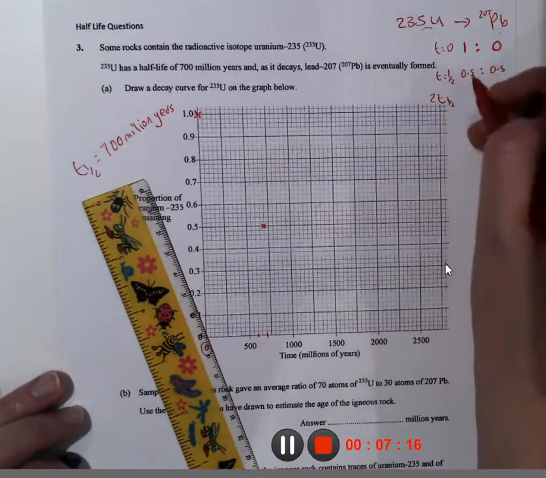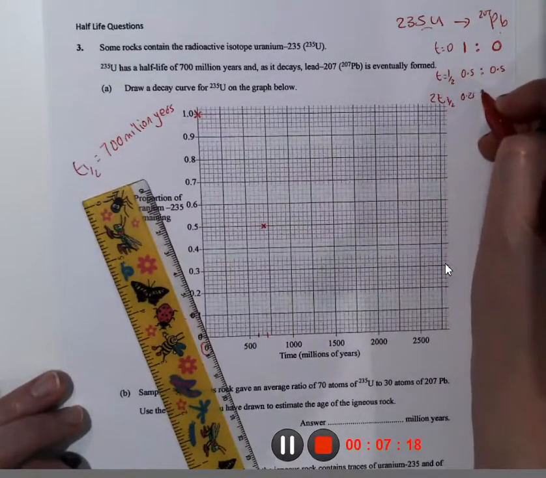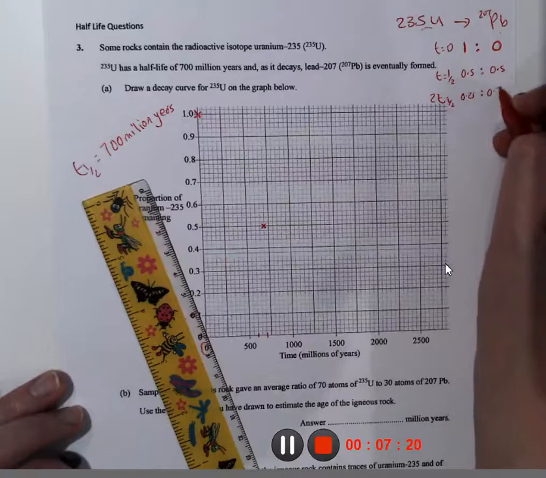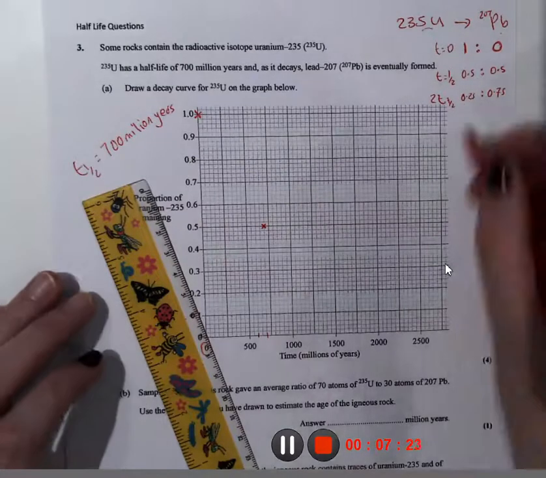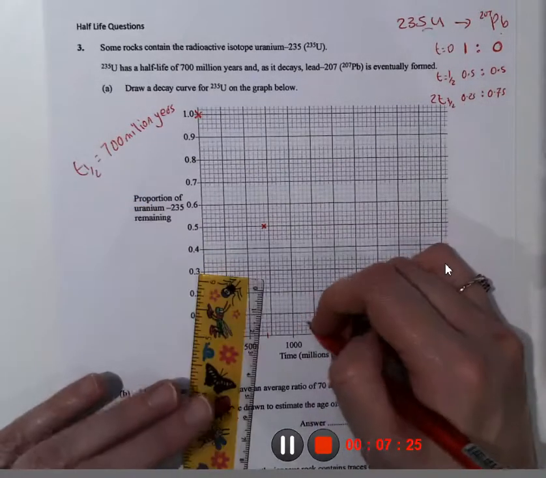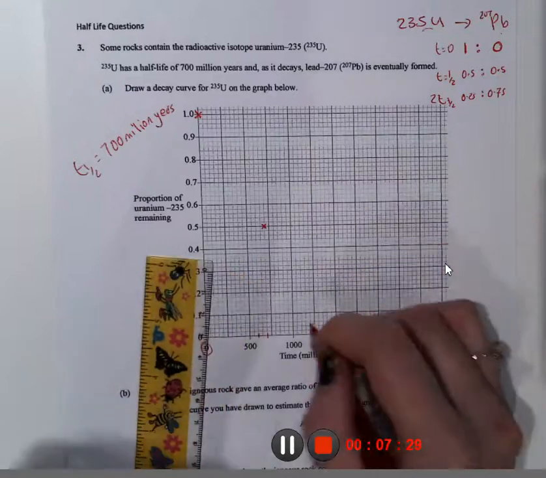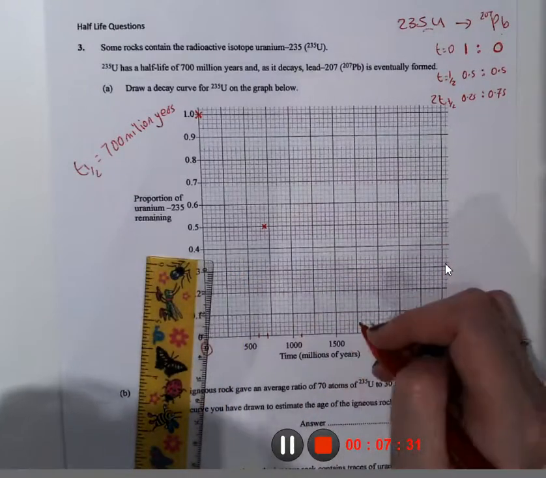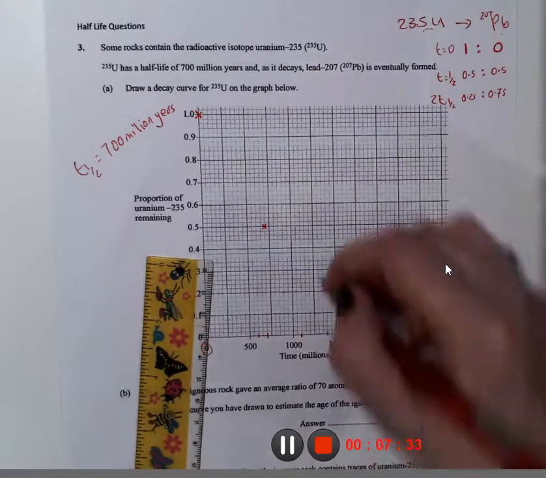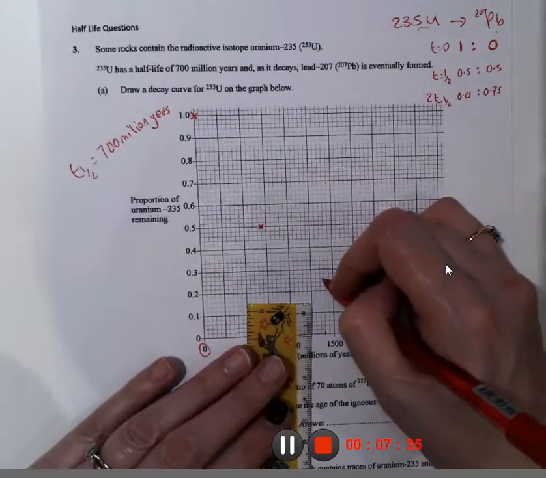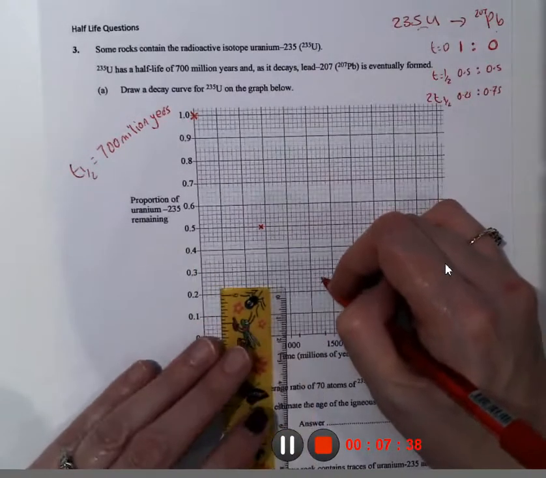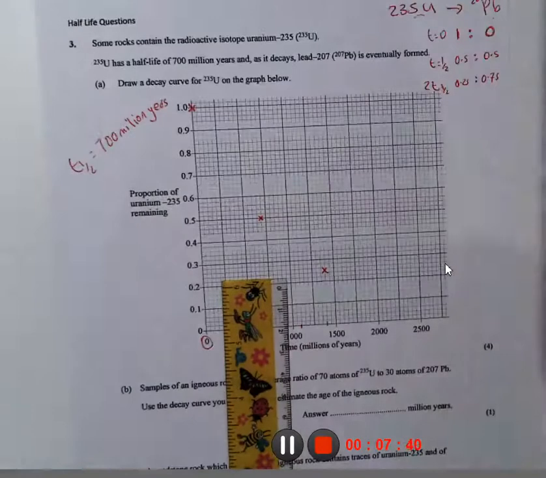After another half-life, this will have halved again, 0.25, and because they've both got to add up to 1, that'll be 0.75. So 0.25 after another 700 million years is 1,400 million years. So that's here, and we are at 0.25, which is here. Okay.